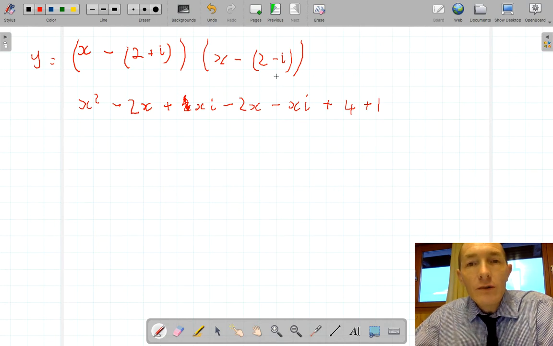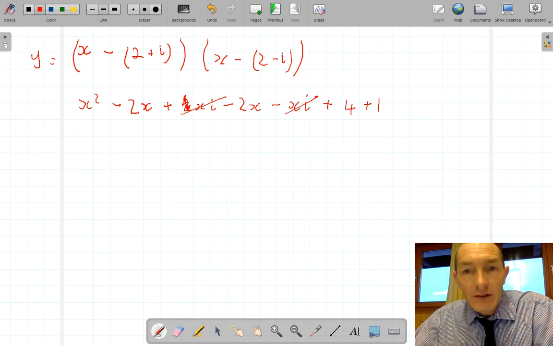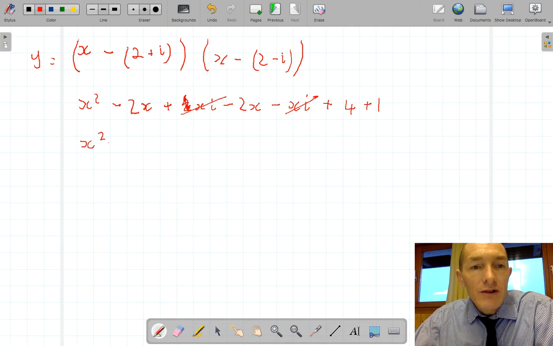And the 2i terms are going to cancel out. And what's more, this is plus xi, and this is negative xi. They're going to cancel out. And it's going to leave me with no imaginary part.